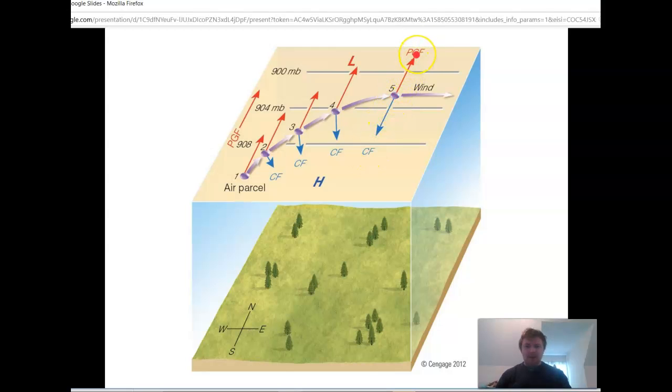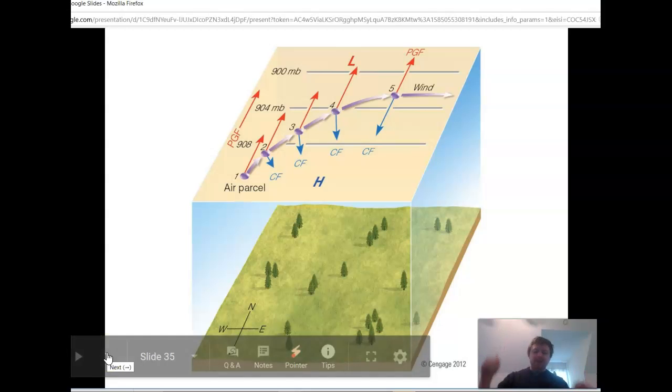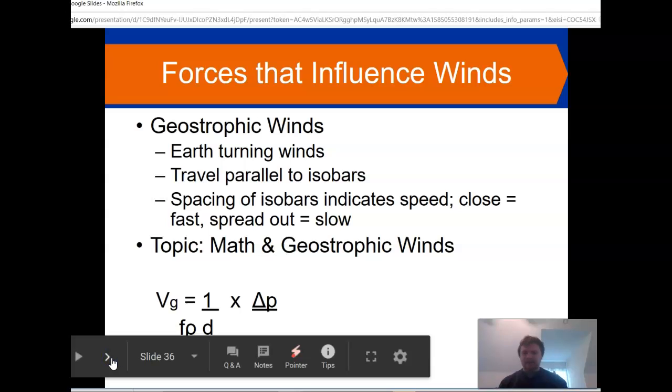I've got the pressure gradient force, say to the north, and the Coriolis force to the south, so those two forces are pulling against each other. Everything's balanced, and the wind is going to be perpendicular to both of those. This is why the Coriolis force is a really big factor in why we end up with this rotation.